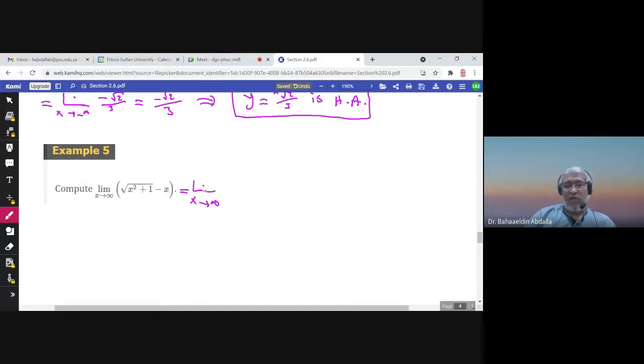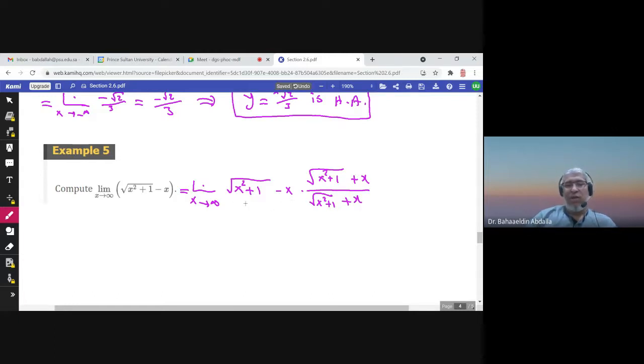I have square root minus x, so I'm thinking of multiplying by the conjugate. Okay, so what is the conjugate? It is square root of x squared plus 1 plus x over square root of x squared plus 1 plus x. Notice the denominator here is 1.